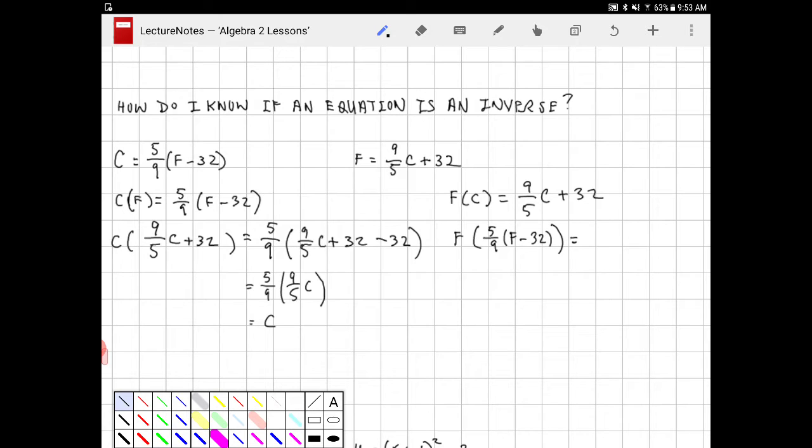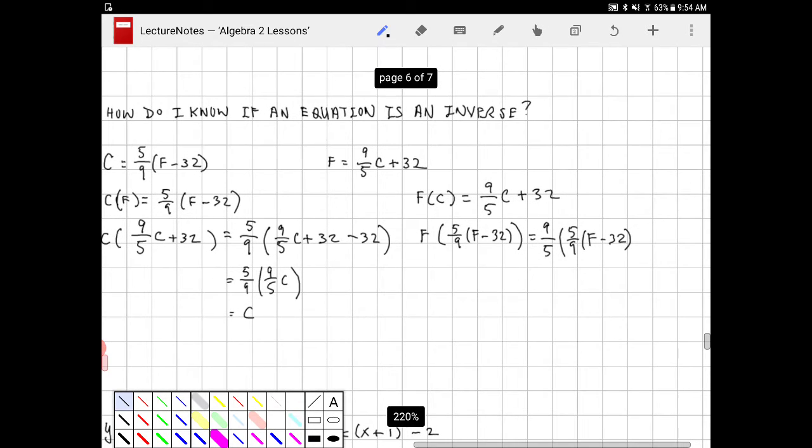So what do you think is going to happen if I do this? Let's see what happens. I make the substitution, and I end up with 9/5 times 5/9 (f minus 32), and then plus 32.